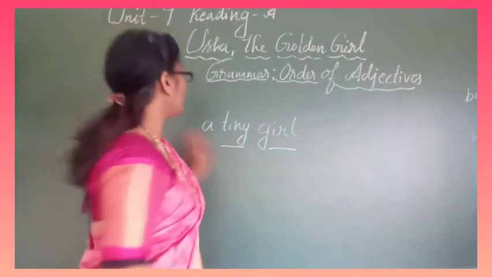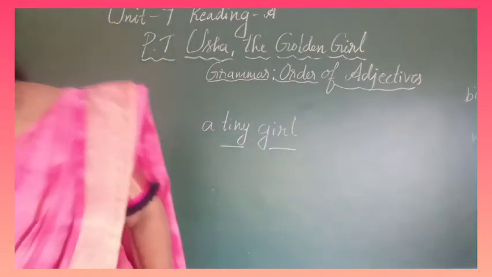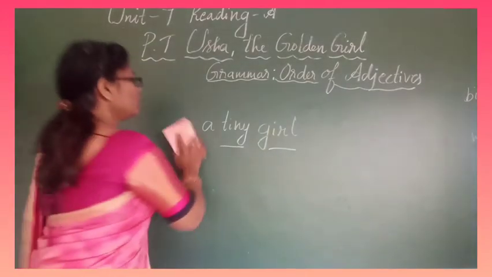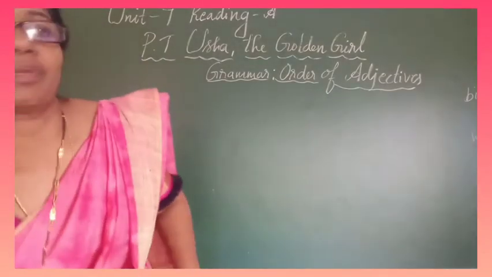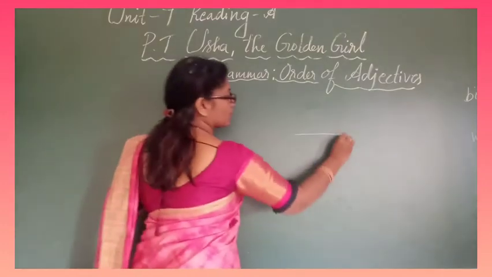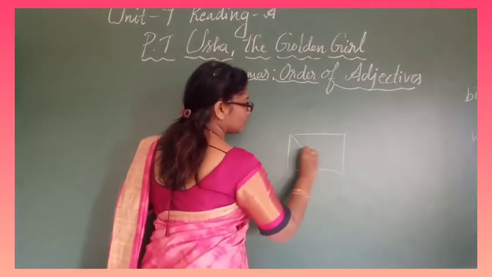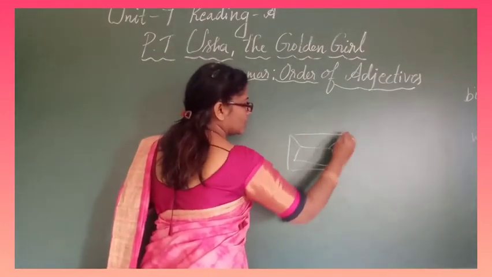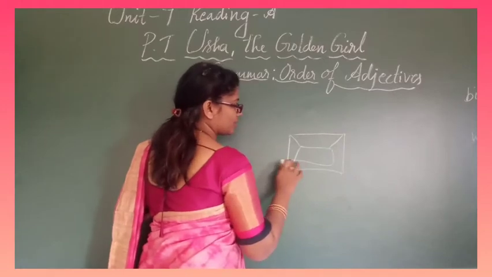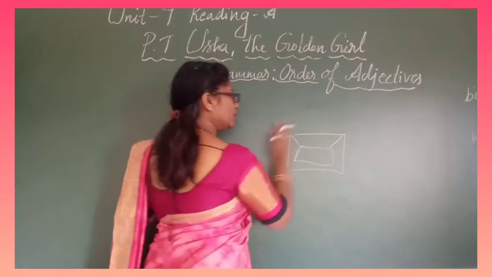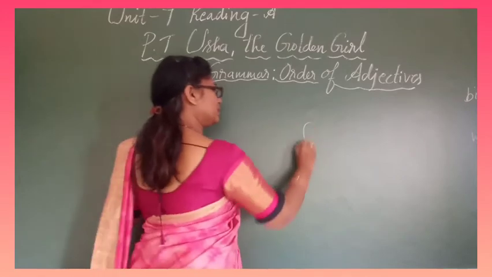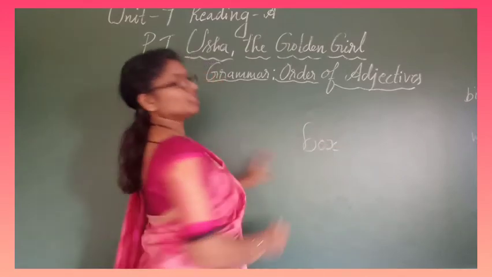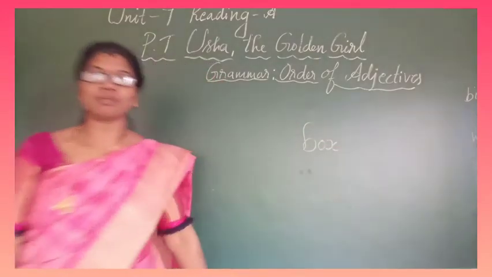We have a rule in the English language. Suppose let's take one box. I don't know how to draw this box, you imagine. Let's take one box. You want to describe this box. Could you see the board now?